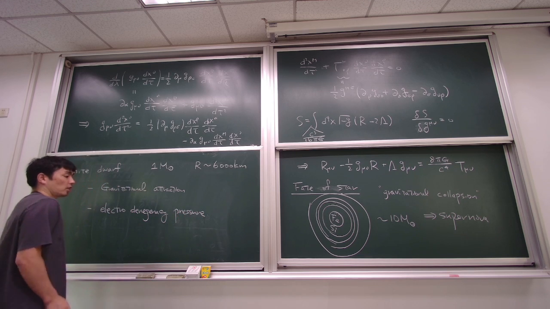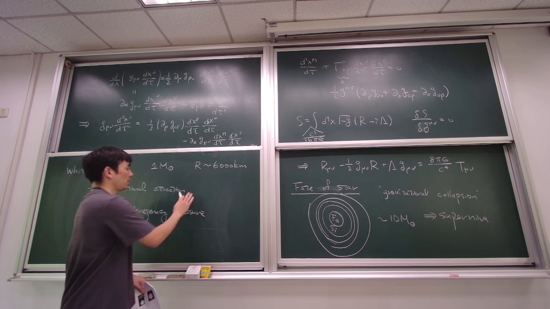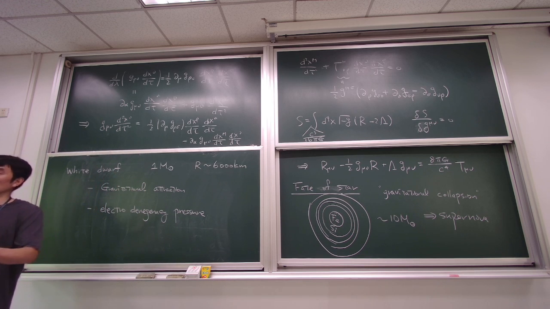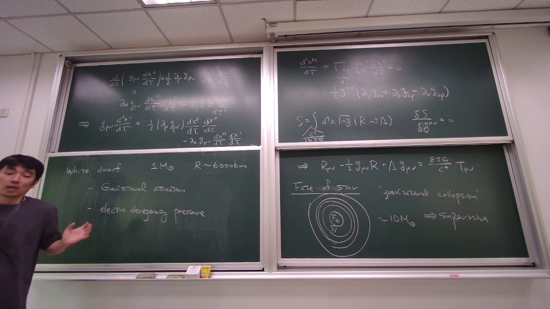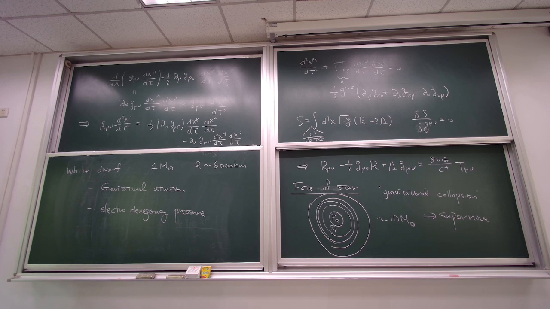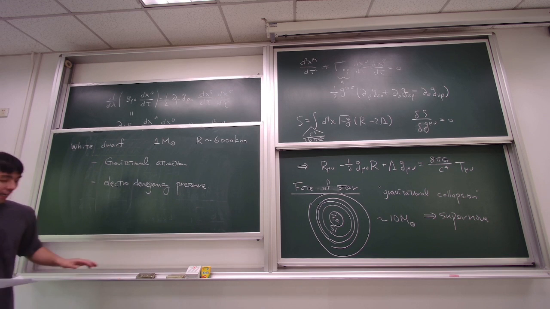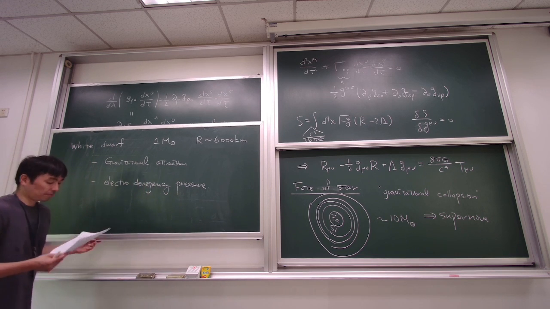The gravitational attraction tries to contract the star, but as you know, electrons obey Fermi statistics, so they work against the gravitational force.